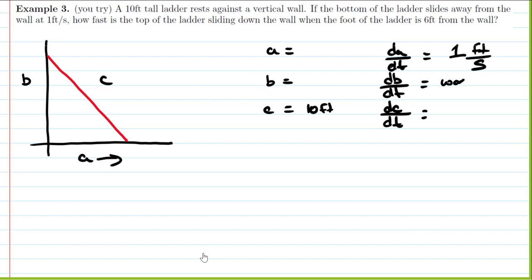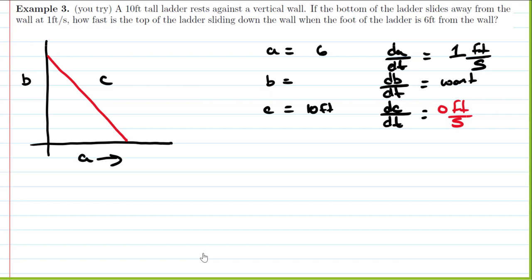We want to know, well, how fast is the top of the ladder sliding down the wall? So we want dB/dt when the foot of the ladder is 6 feet from the wall. So that's when A is going to be 6. So we weren't given B or dC/dt, but since the height of the ladder isn't going to change, it's always going to be 10 feet, dC/dt is going to be 0 feet per second.